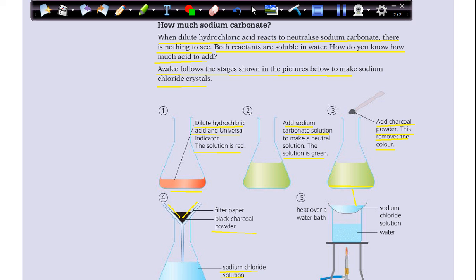Then she filtered the charcoal with filter paper, and then she heated the mixture over a water bath. In this case, she will not lose much sodium chloride. And then she got sodium chloride crystals.